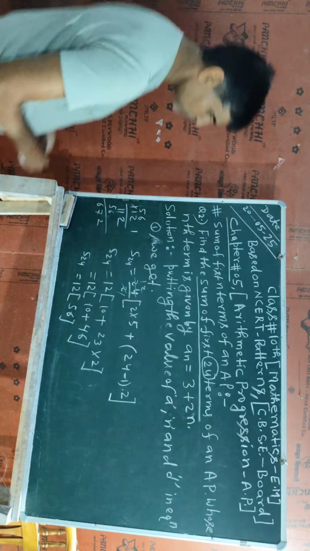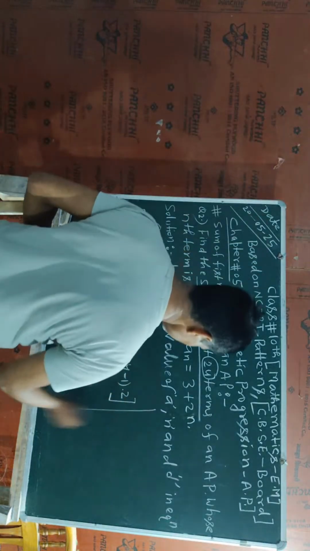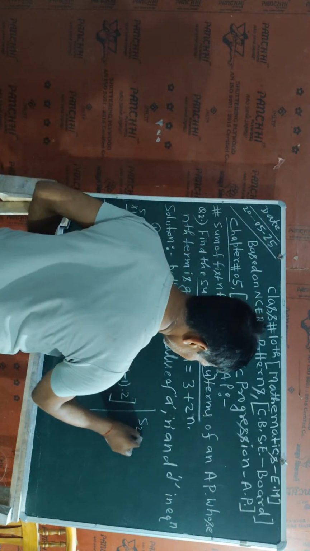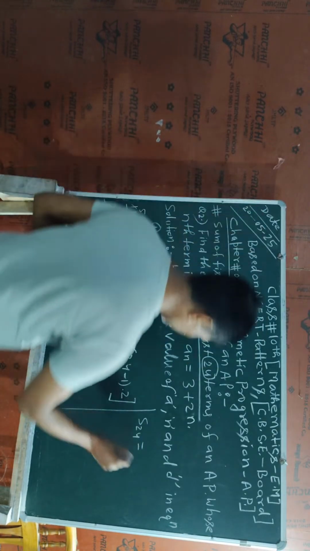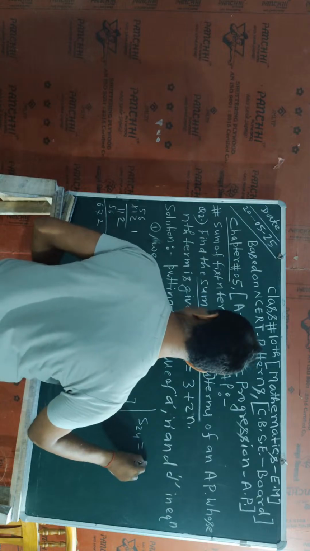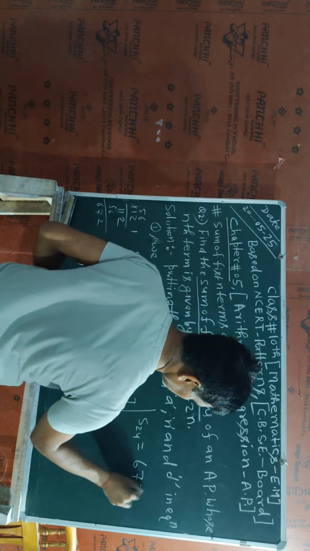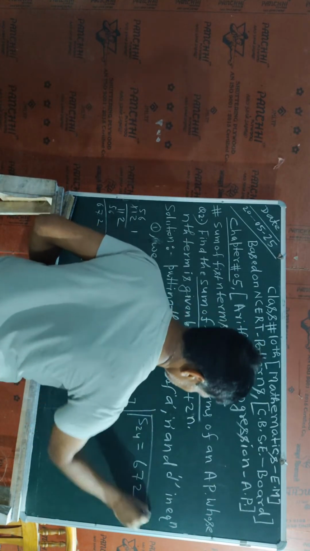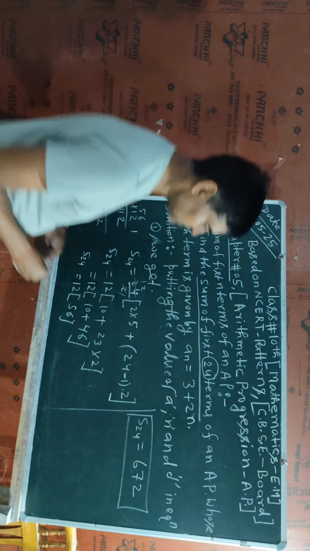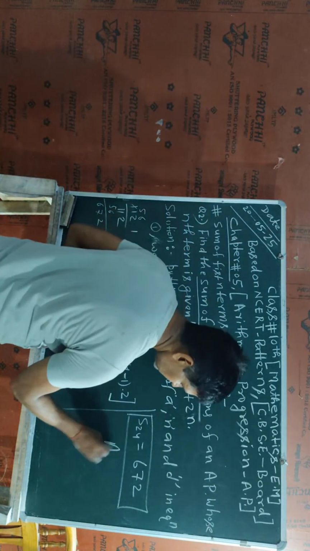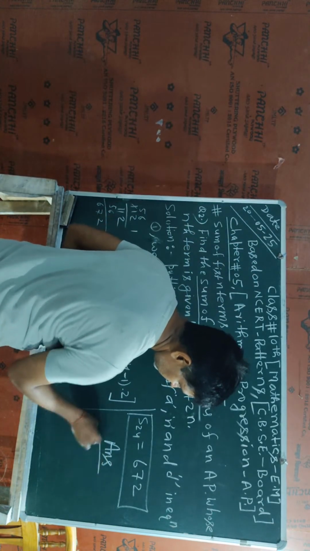Further, S24 is equal to 672. So this is the sum of the first 24 terms of an arithmetic progression. This is the answer of the given question.